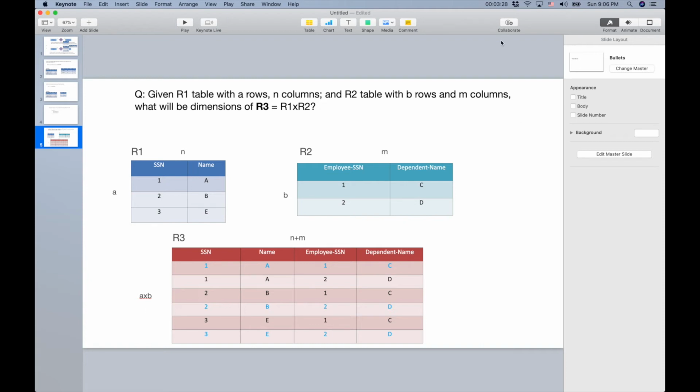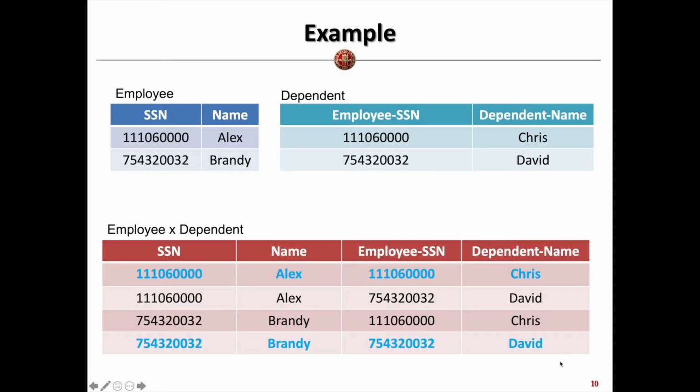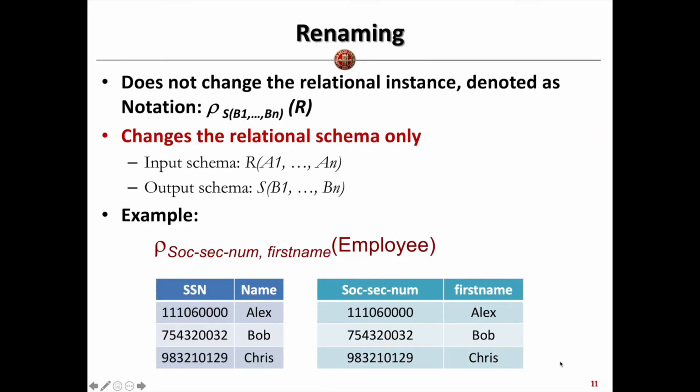And let's come back to the slides. Besides the projection, selection, and the product, we may also want to introduce another operation. It's called renaming. The renaming doesn't make any changes to the data we have in the database systems.